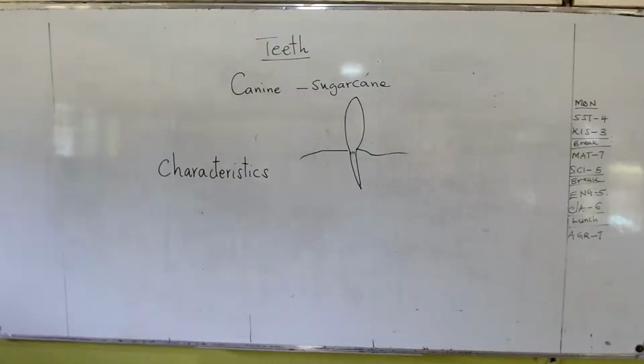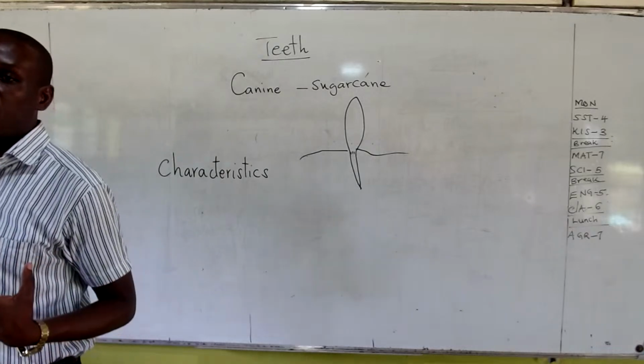So when we have too much dust in the air, that dust goes on the leaves. And therefore, the leaf is not able to give us what? Oxygen. On the same note, that particular leaf cannot also make its own food.